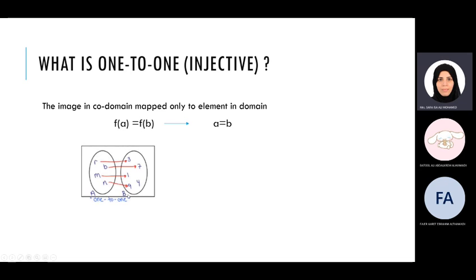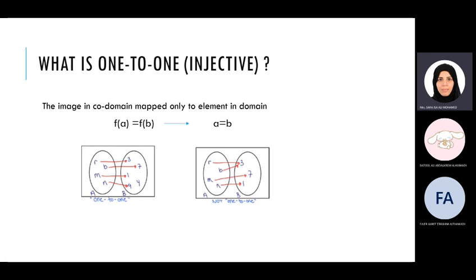You will see here on the codomain side that the images are 3, 7, 1, and 9. This is the set of images. 3 is mapped only to R, 7 is mapped only to B, 1 is mapped only to M, and 9 is mapped only to N.